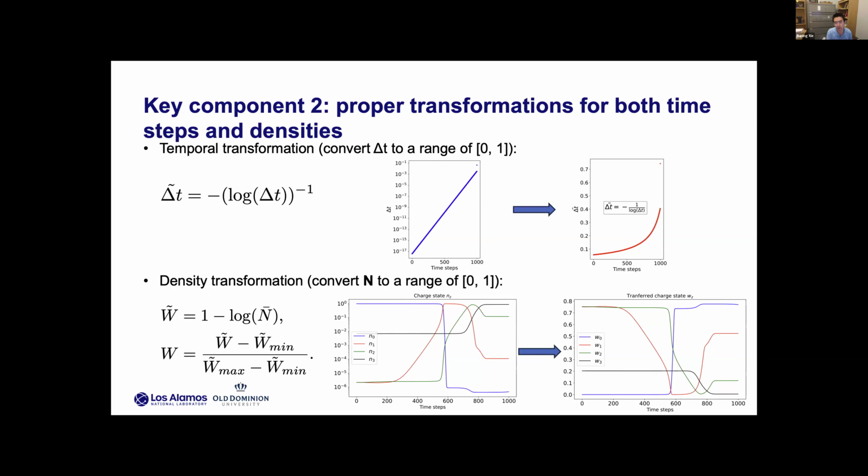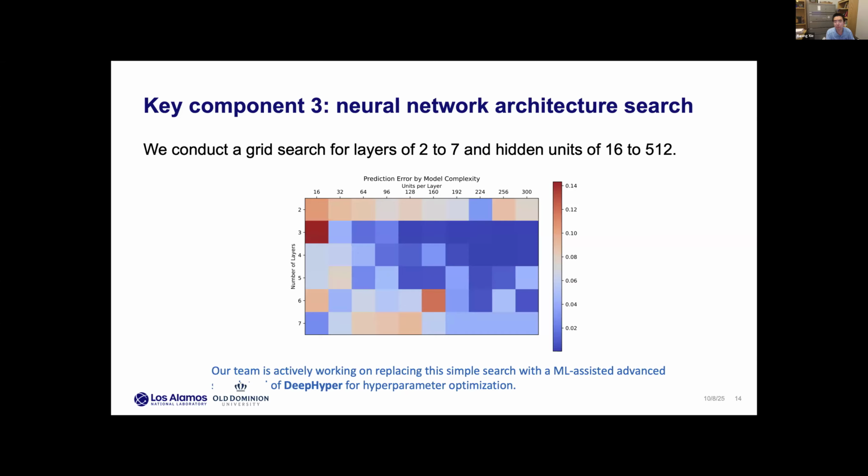Another thing is we need to apply some proper transformation for both time step and the density. Previously I mentioned that the time step scale ranges from 10⁻⁷ to 10⁻⁴, and we map this into a proper range between 0 and 1. The same for the density transformation. We also did a very initial brute force search for the neural architecture, trying to find an optimal neural architecture that gives the best training results.